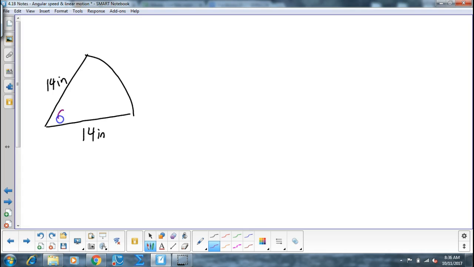And so let's say theta here is 45 degrees because we got 8 pieces of pizza, right? So what do I need to do first? Convert 45 degrees into radians. How many radians? Pi over 4 radians.